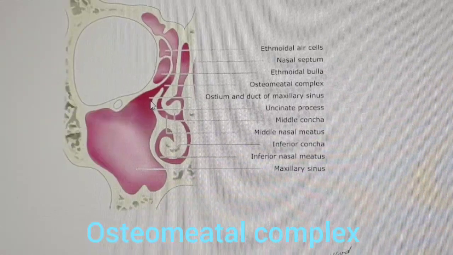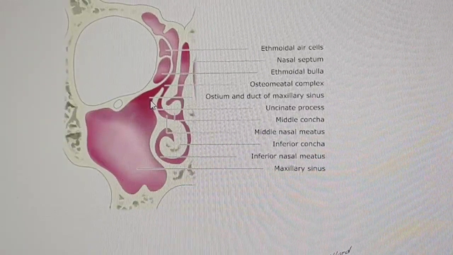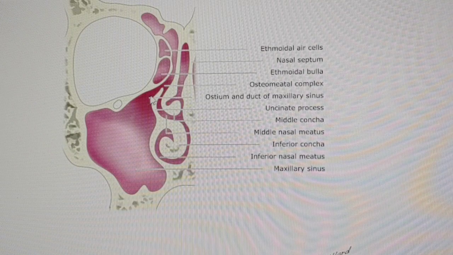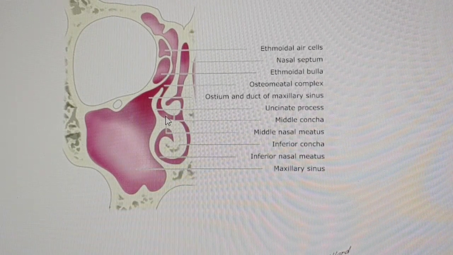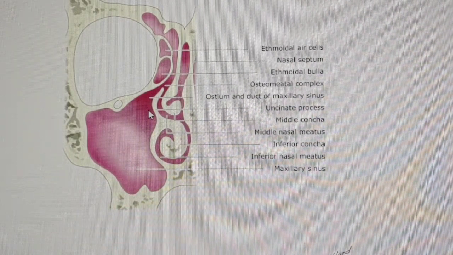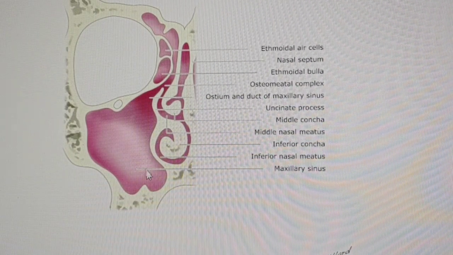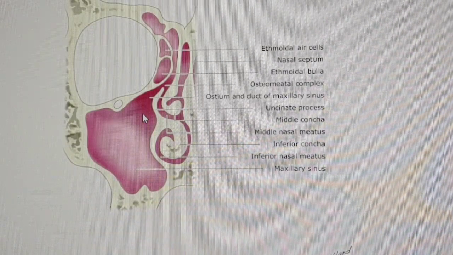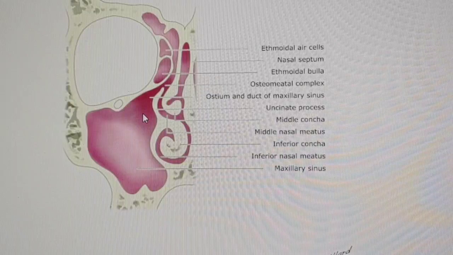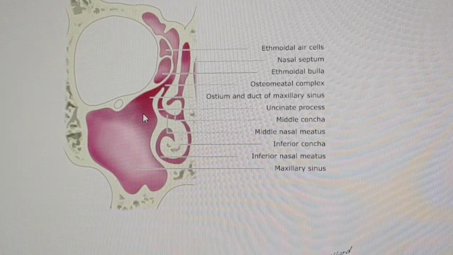One of the most important components of the osteomeatal complex is the ostium and duct of the maxillary sinus, as well as the middle nasal meatus, which is here. All these passages communicate with each other, providing the normal drainage of the paranasal sinuses.